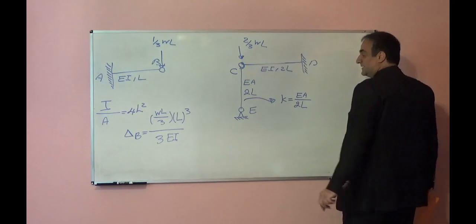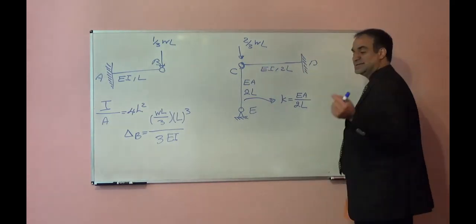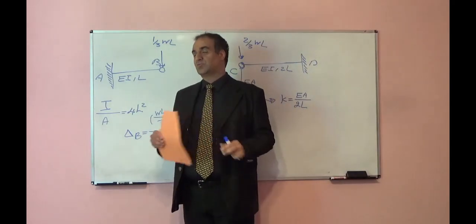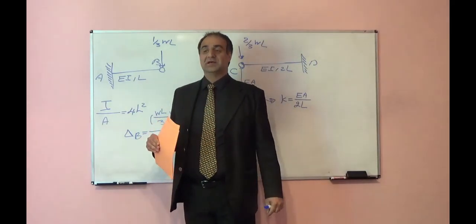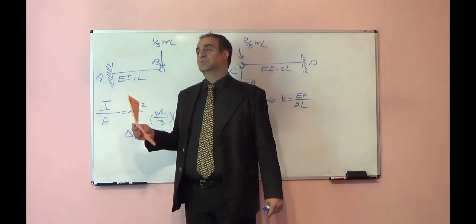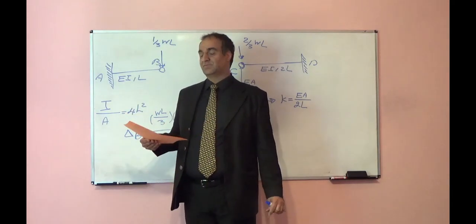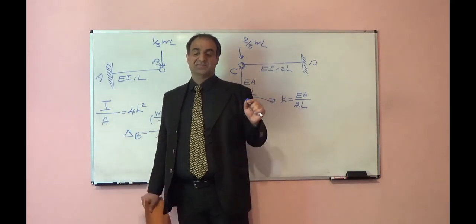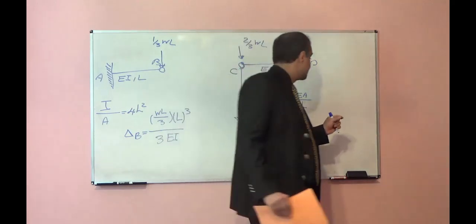How about cantilever beam? Stiffness means, I explained this before in the mechanics of deformable body course. If you cannot remember, you can watch the videos I posted on YouTube in the mechanics of deformable body course or mechanics of material. Stiffness means force.